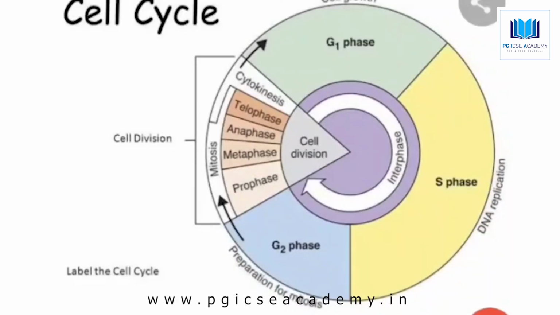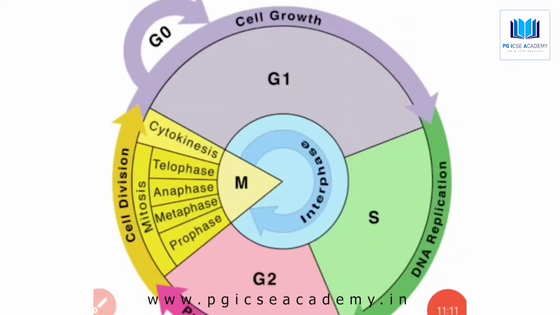Interphase itself has three types. Number 1 is G1 phase, second is S phase, and third is G2 phase. Let us understand this in depth.